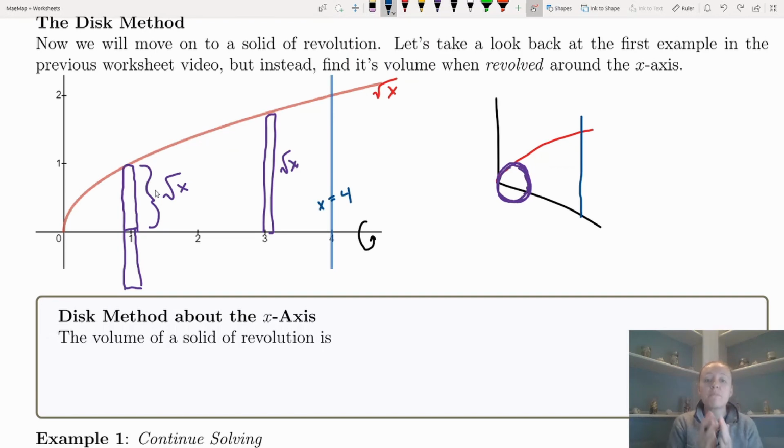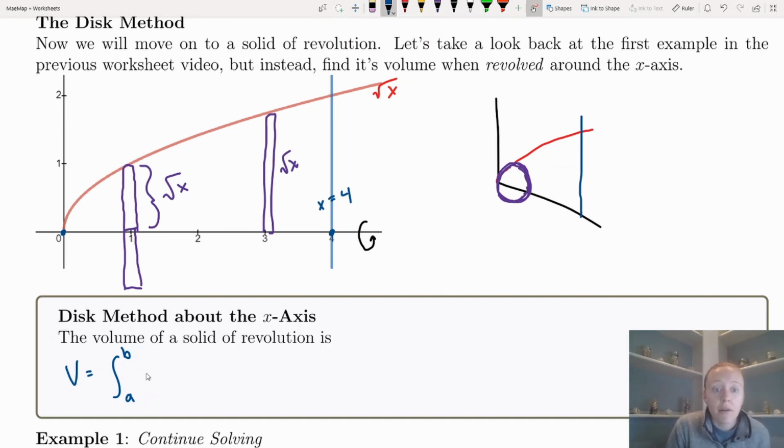So let's go ahead and build this volume using that information. The volume is going to be equal to the integral from a to b, so from our starting value to our end value. Here we're starting at 0 and ending at 4 in the x, hence where I started drawing those rectangles and where I stopped drawing those rectangles. So that's from a to b.